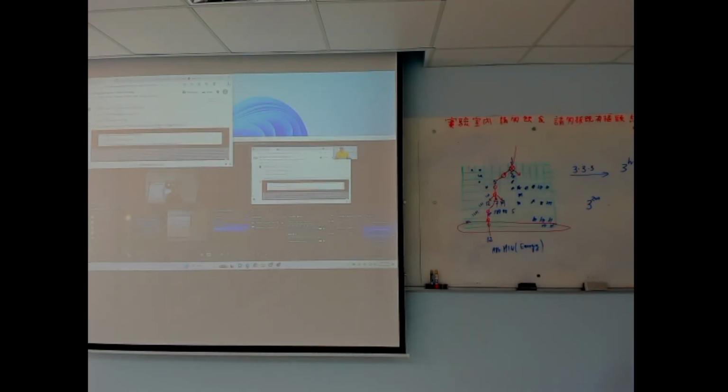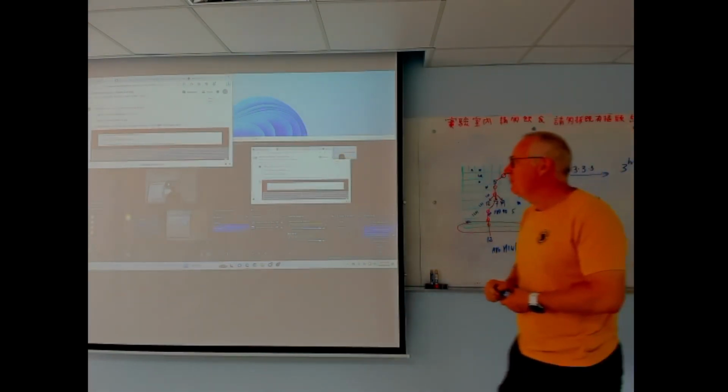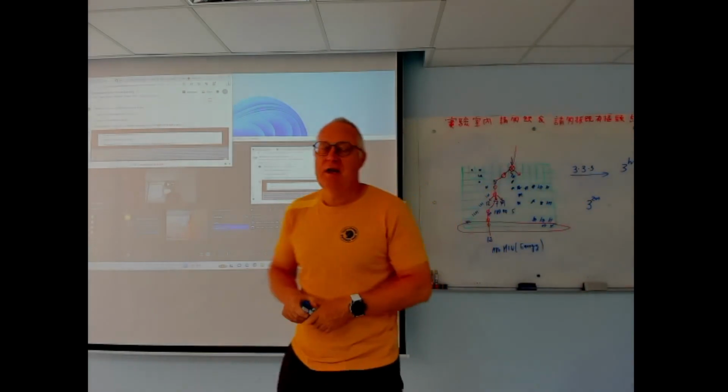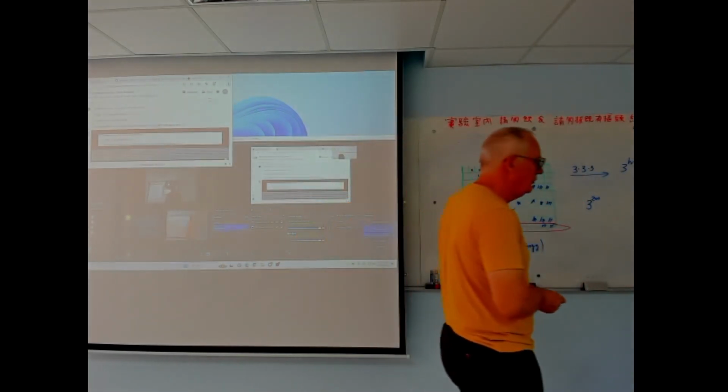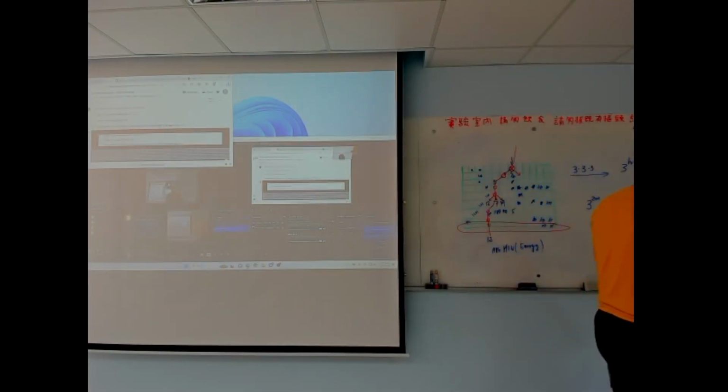So here's our table. Now, I talked about subproblems. What will be the subproblems that I can actually reuse for this problem?